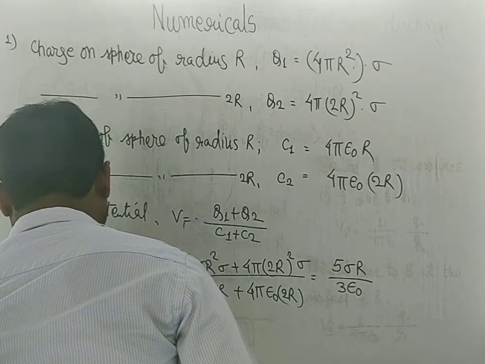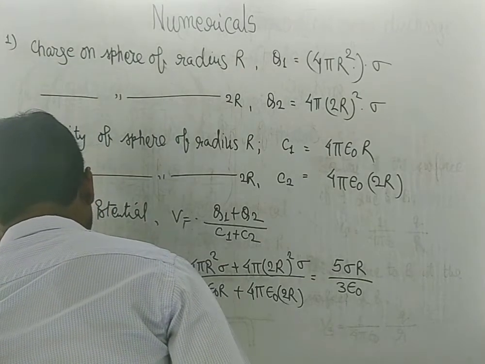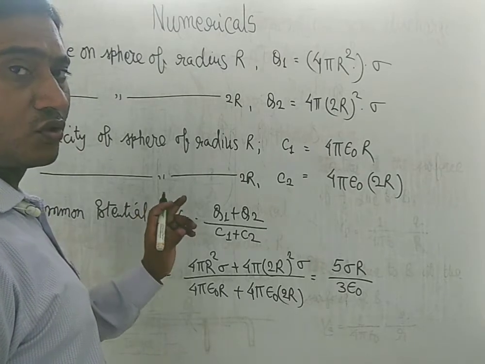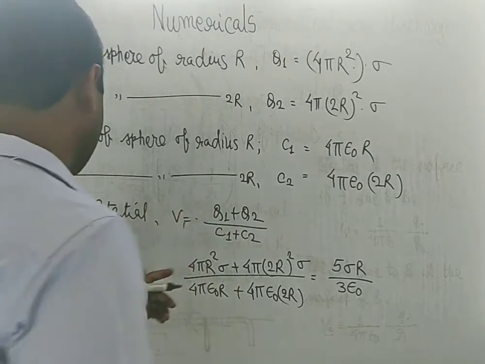Now hereafter we can talk about the new charges at this potential. What are the charges on the smaller and bigger sphere?